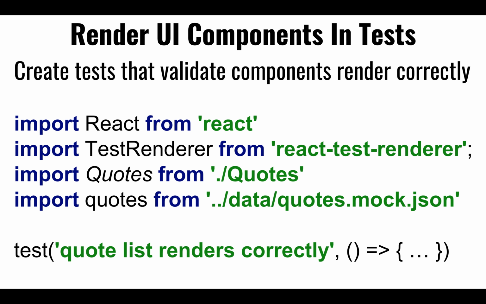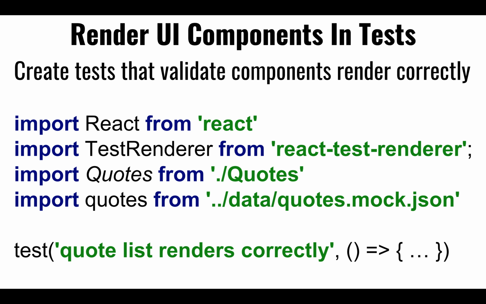We also are loading from the React test renderer. That's the mechanism that allows us to programmatically render this in memory, to decouple from the browser, so we can render things in memory without the need of an actual browser. It generates the DOM that our component would generate without the need of having an actual browser.